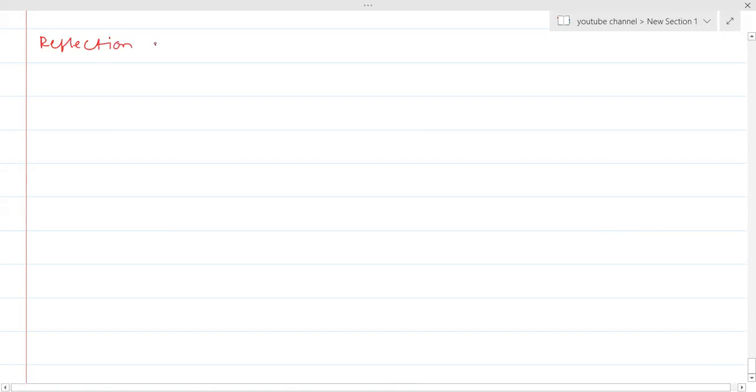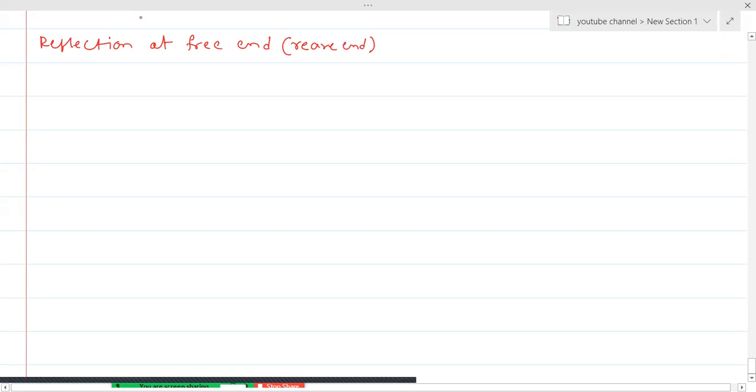So we are taking first reflection at free end. Reflection at free end means what we used to call the rarer end.